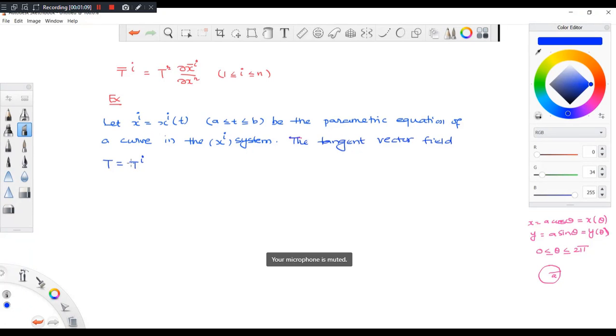Then you think about a tangent vector. Tangent vector T is equal to T bar I, relative to the respective coordinates xi, which is one system, and x bar I, the other system, obeying the law of transformation.